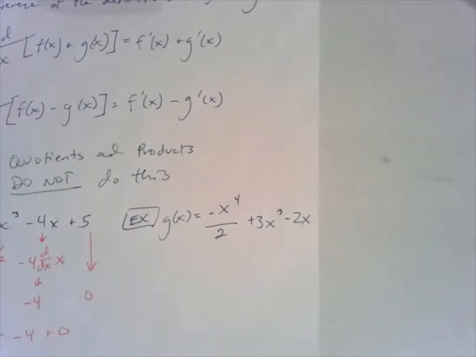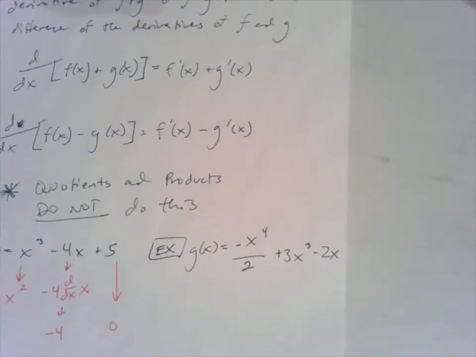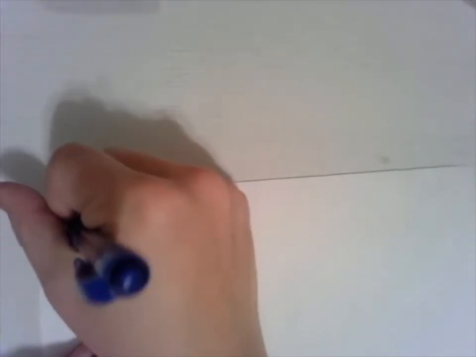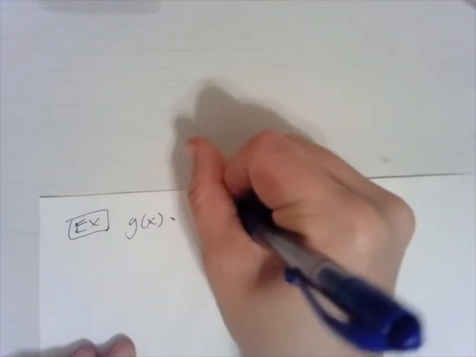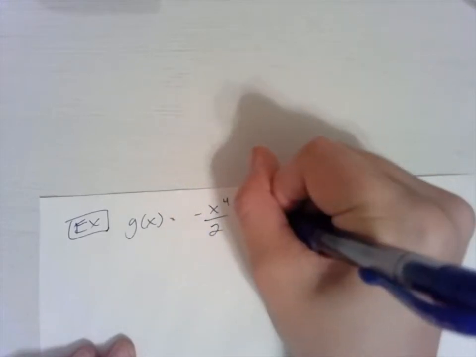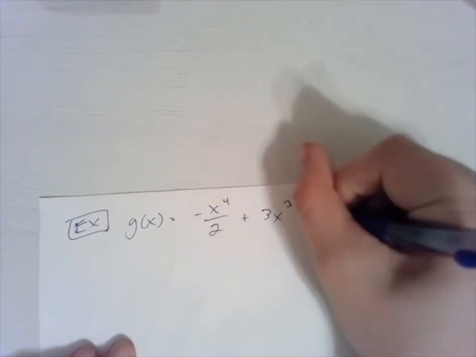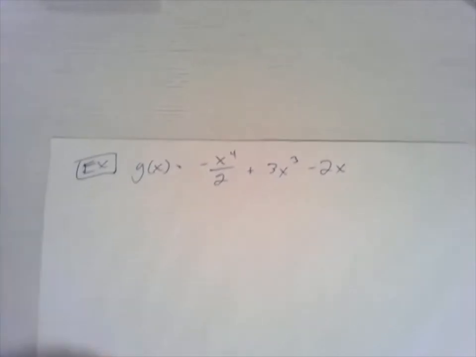I'm kind of running out of room. I'd like to spend some more time on this, so I'm going to rewrite it on a separate sheet of paper. Okay. Still doing the same thing. So g of x equals negative x to the 4th over 2 plus 3x cubed minus 2x. There we go. That's a little bit neater.